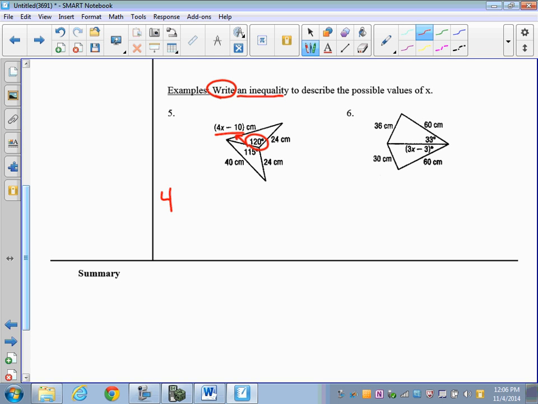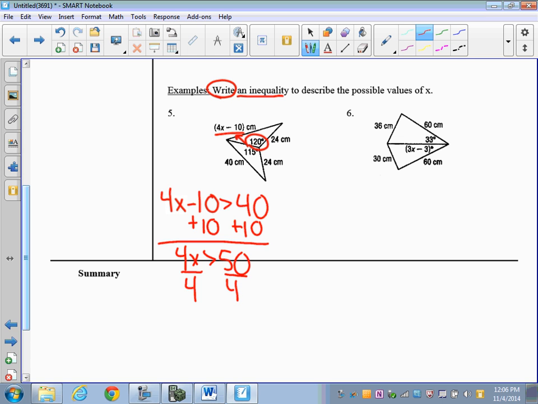So I'm going to say 4x minus 10 has to be greater than 40, because 120 is bigger than 115. So I just solve this inequality. I add 10 to each side, get 50, and then I divide by 4. x is going to be greater than 25 over 2.